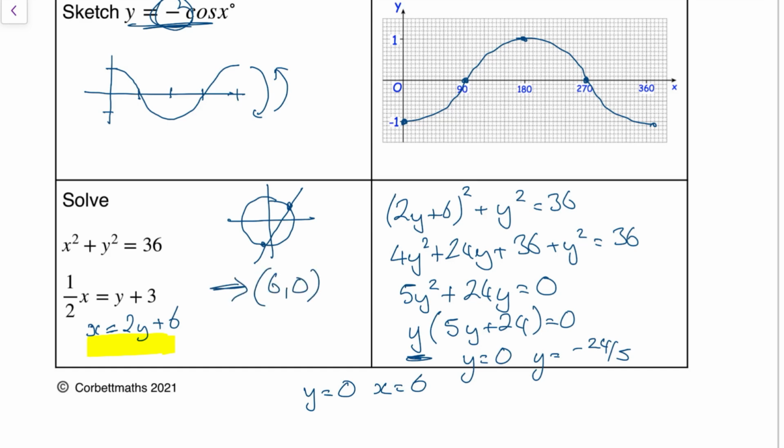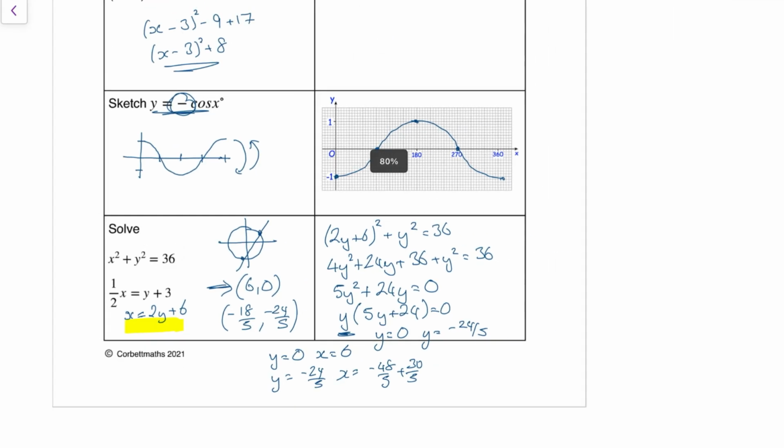If y equals minus 24 over 5, then x is equal to 2 times that, which is minus 48 over 5. And then add back 6, which is the same as 30 over 5, which gives me minus 18 over 5. So therefore my other point is minus 18 over 5, minus 24 over 5. Wow, not a nice question, but not too bad.